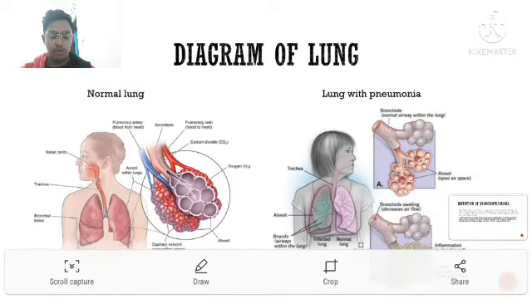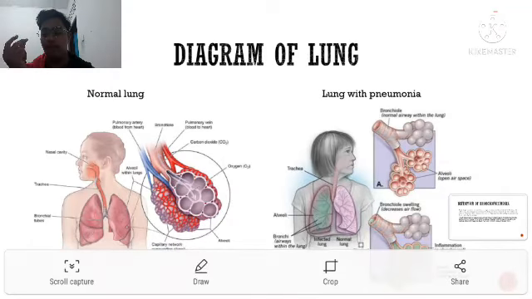This is the picture when someone has bronchopneumonia. Bronchopneumonia is the specific case which affects the bronchi. So if we say it is bronchopneumonia, that means the bronchi is affected and inflamed and there is fluid in the bronchi.